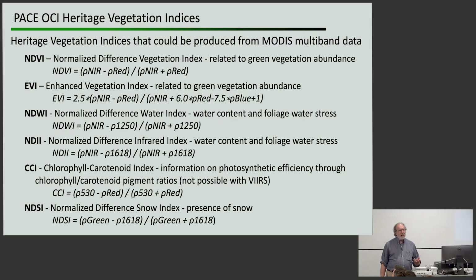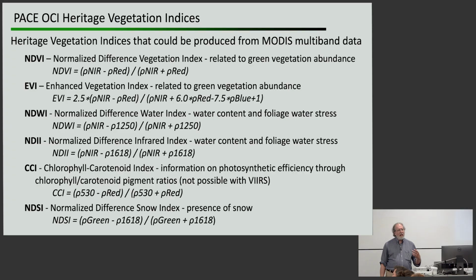The other thing that, besides the spectral reflectance, PACE provides us with is a set of vegetation indices. And we can break them down into 2 groups. There are 10 indices. There are the heritage indices, which are indices that could be produced by MODIS. These include NDVI and EVI. Those are indices that are generally related to the amount of green leaves in the canopy.